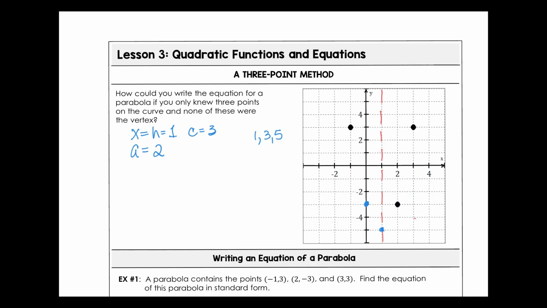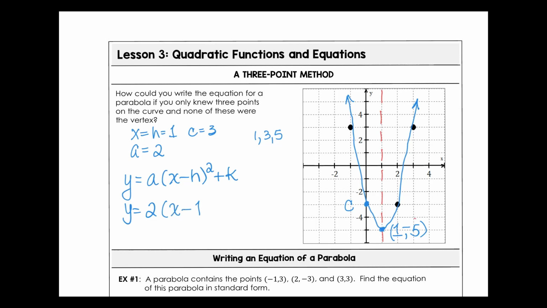So it looks like my parabola is going to have the shape that goes smoothly through these points to the right of 1 and smoothly through these other points to the left of 1, and the vertex is located at (1, -5), and my c value is -3, so I could write the equation in vertex form: y equals a times (x minus h) quantity squared plus k, and know that we had a stretch of 2: y = 2(x - 1)^2 - 5.